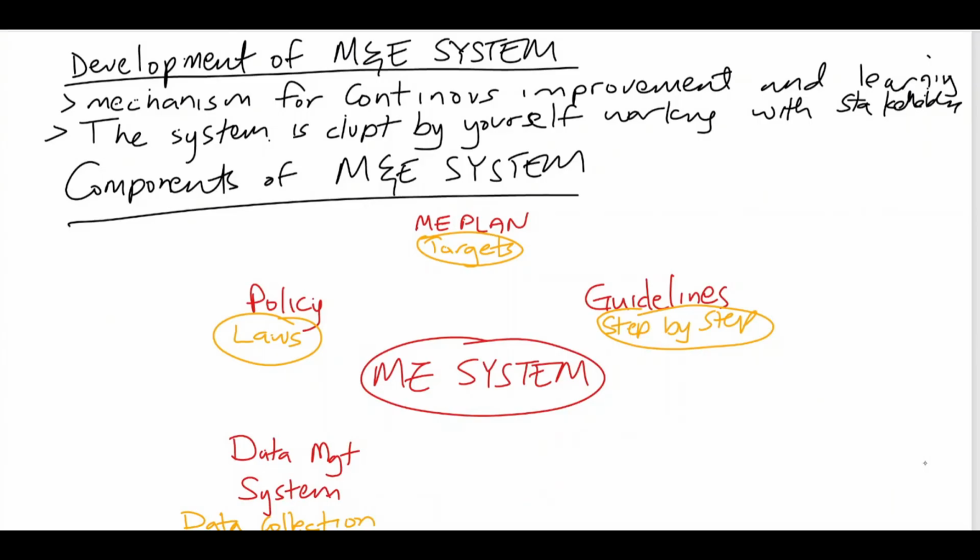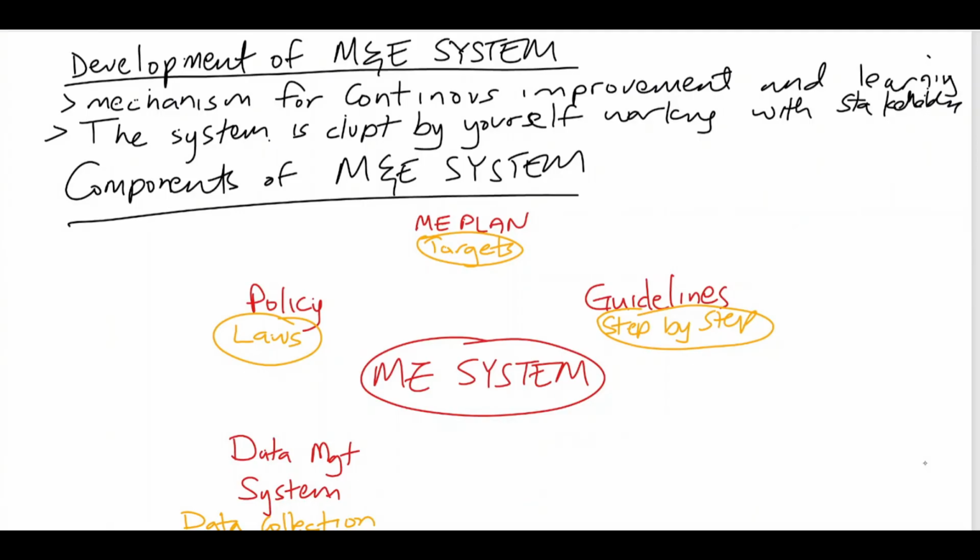Now, this is why I also say that the M&E system is everywhere. Think about it, guys. It's even in universities, in colleges, in hospitals. Everywhere you go, there's a data management system in place.